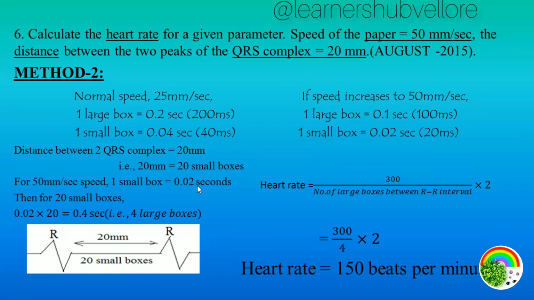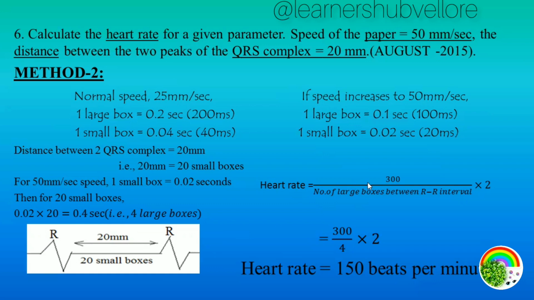For 20 small boxes, we multiply that value by the number of boxes and get the timing, 0.4 seconds. 0.4 seconds means there are 4 large boxes. Here we saw 20 mm, 20 small boxes. This is the distance between one QRS and another QRS, that is the RR interval. I have tried to show it here.